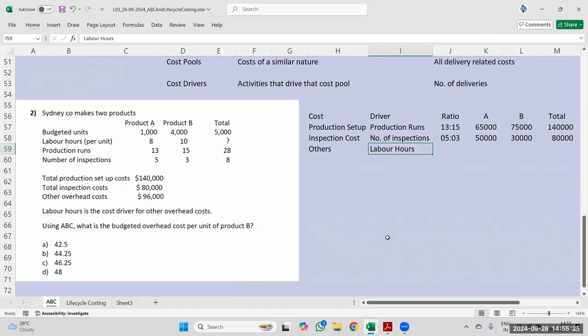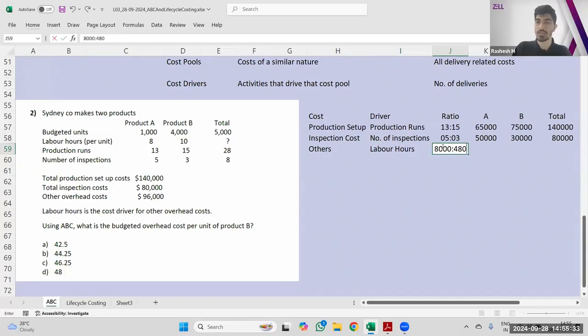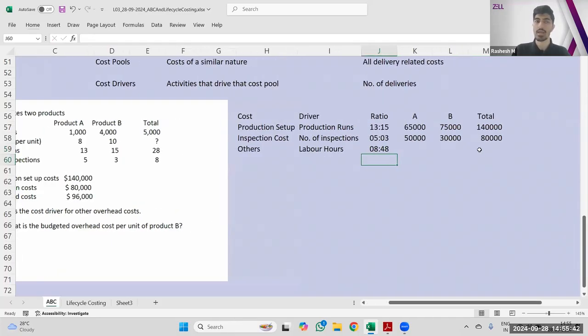Correct. And for B, how many total hours? 40,000. So 8,000 is to 48,000. You can write it as 8 is to 48, same thing. 4 is to 24, 2 is to 12. All are the same thing. And my total cost is 96,000.